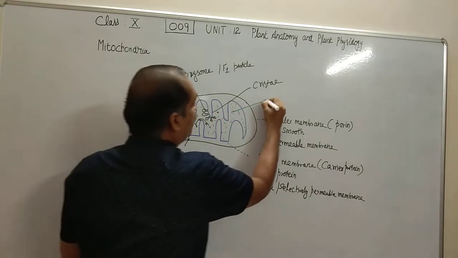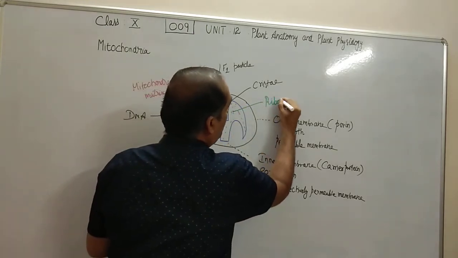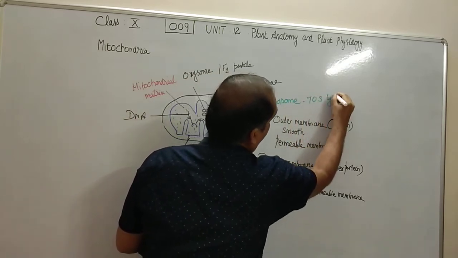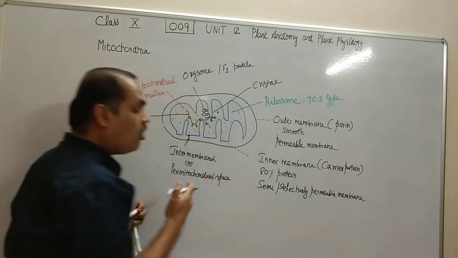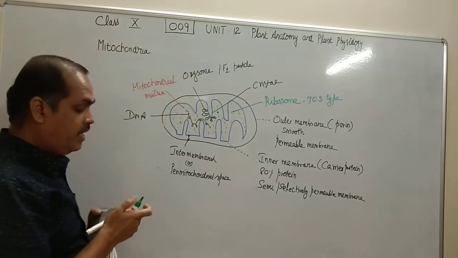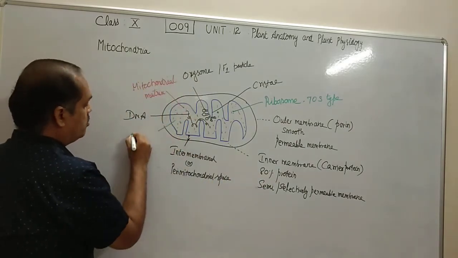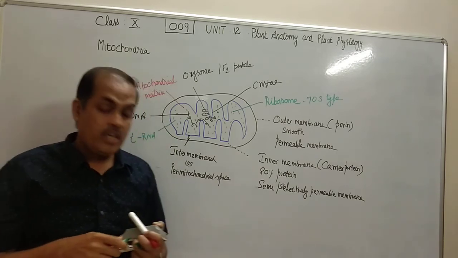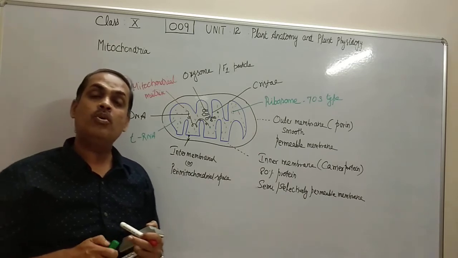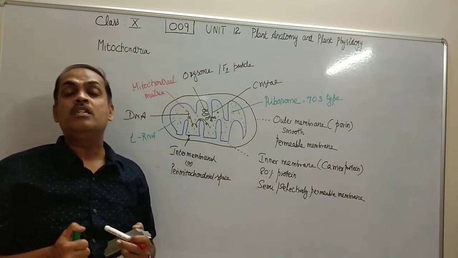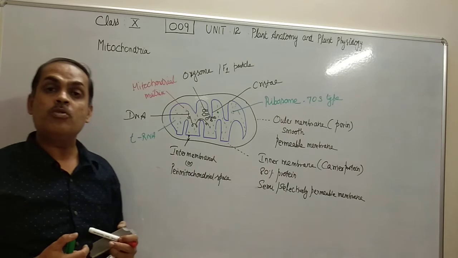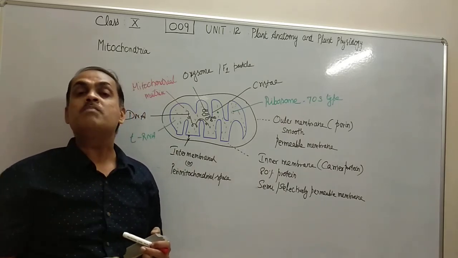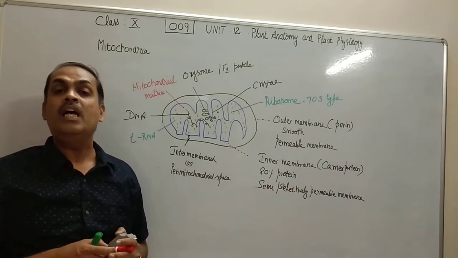The ribosomes found in the mitochondria are of the 70S type, and they have a number of enzymes and tRNA also. So inside the mitochondrial matrix, you have enzymes which play a very important role in cellular respiration, circular DNA, ribosomes of the 70S type, and different types of enzymes. But this matrix is made up of protein and lipid.